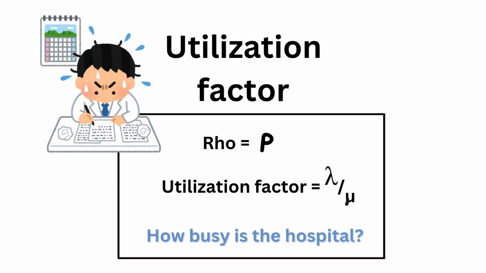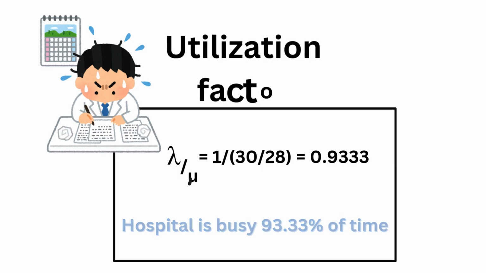The utilization factor is denoted by rho, and the formula for rho is lambda by mu. That gives us 0.9333 as the answer. This means the hospital is busy 93.33% of the time.